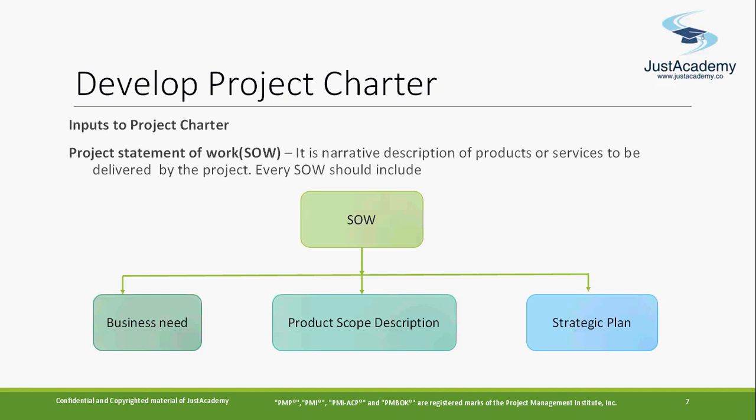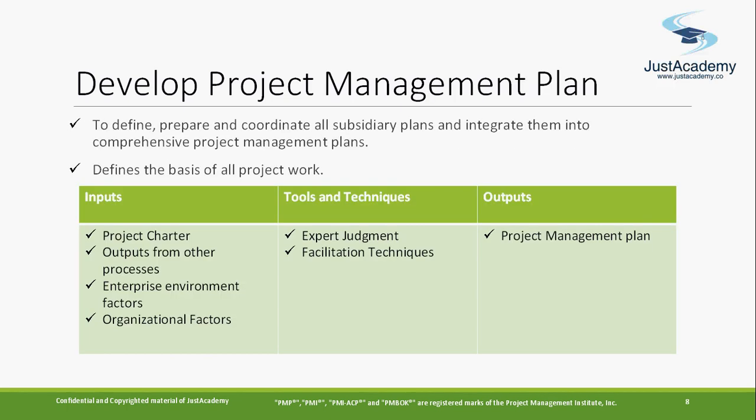They will give you some high-level detail, what product they are looking at, and the plan: how many resources are needed and when they want it done. That's the strategic plan. So a SOW will consist of it. And when you have that SOW, then a project manager can take the resources or try to deploy the resources on the project and get the work done.